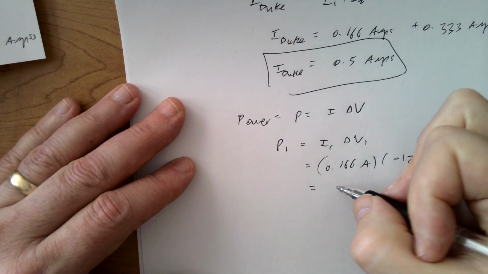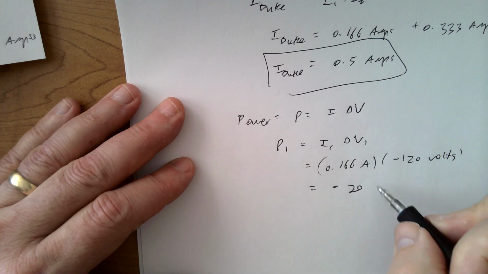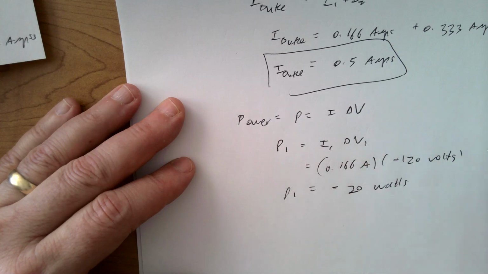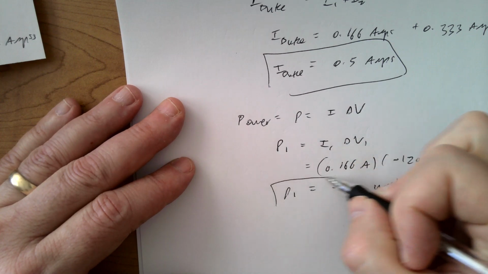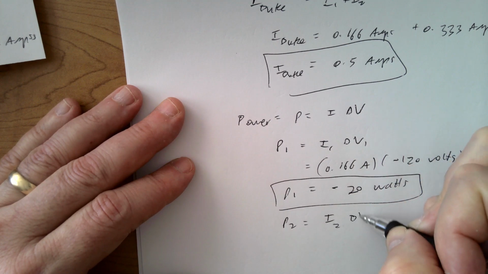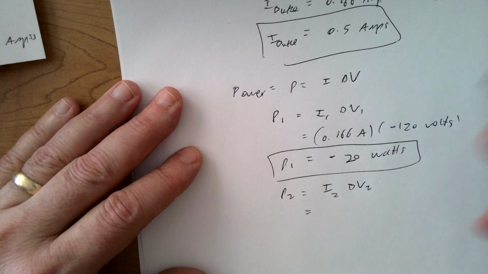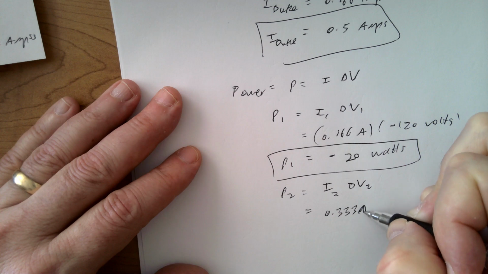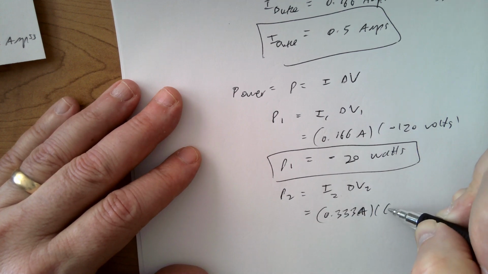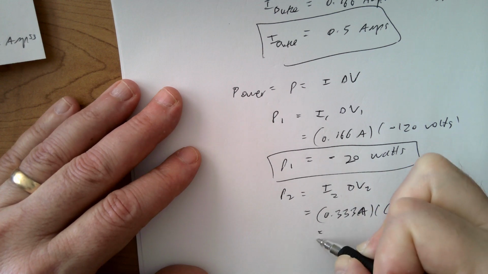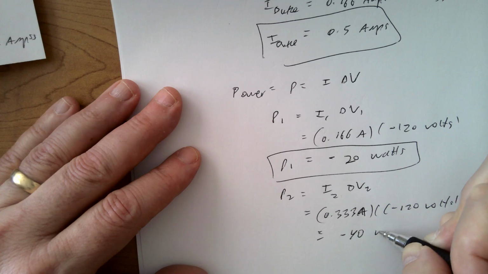And so that's going to be negative 20. Amps times volts is watts. So that's P1. P2 is I2 delta V2. So that's going to be 0.3 amps times negative 120 volts. That's negative 40 watts.